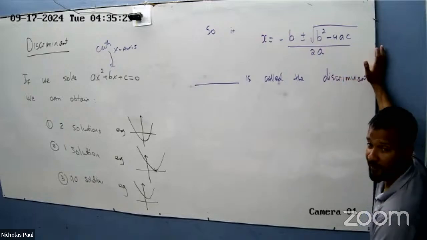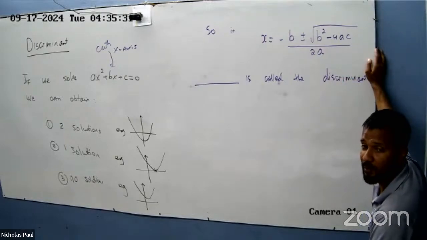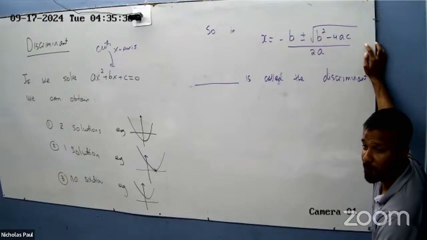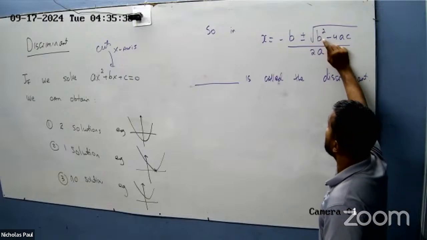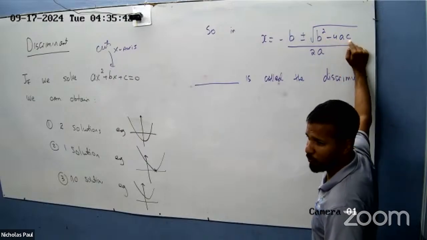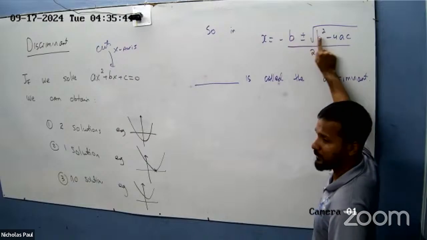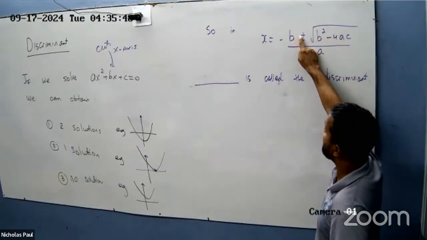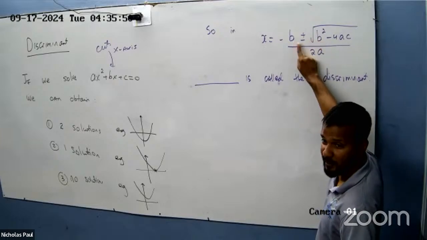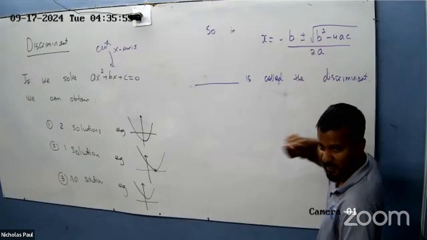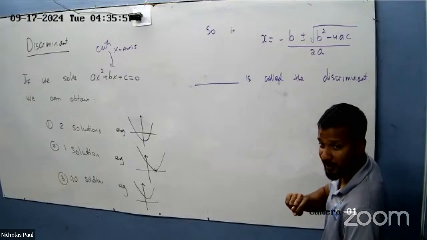The number inside the square root sign. Because think about it. If b squared minus 4ac was 0, how many answers would you end up with? If this was 0, you would get minus b plus 0, minus b minus 0. How many values is that? Same value, right? Correct?